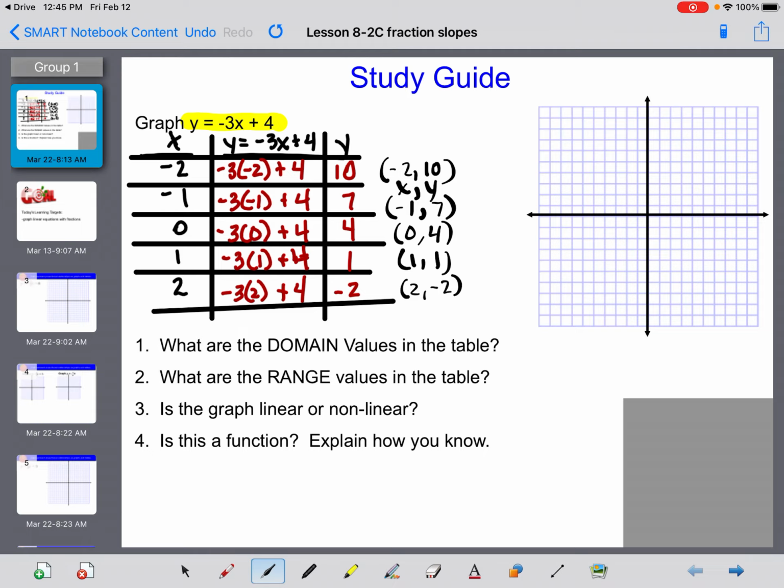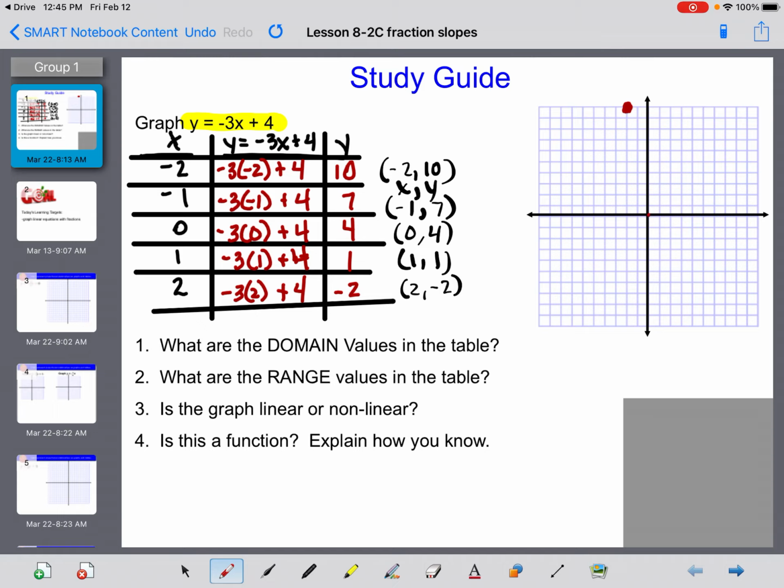Now you graph these ordered pairs on your coordinate plane. Negative 2 goes back 2 and then up 10, and place your dot. So an ordered pair is like a road map or directions on how to locate this point. The next ordered pair is negative 1, 7.